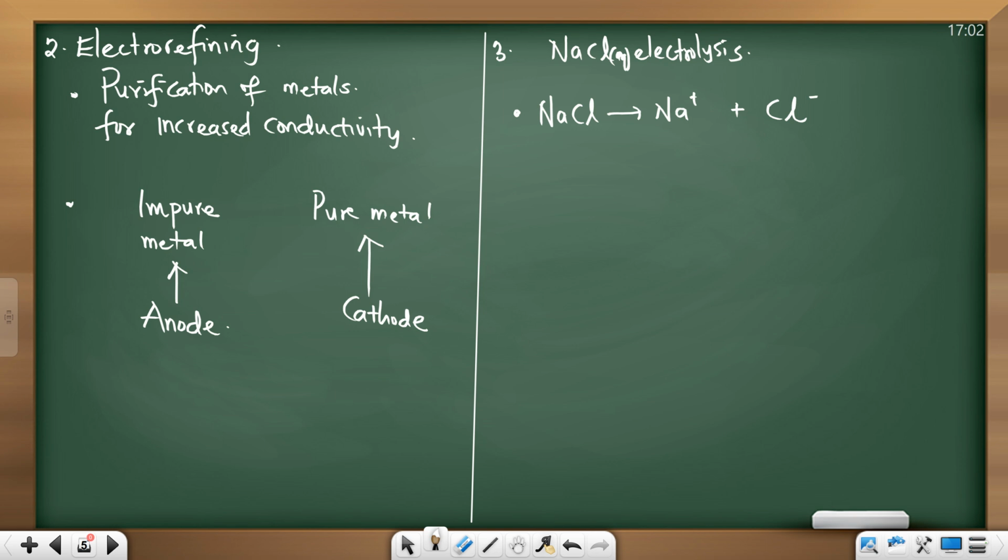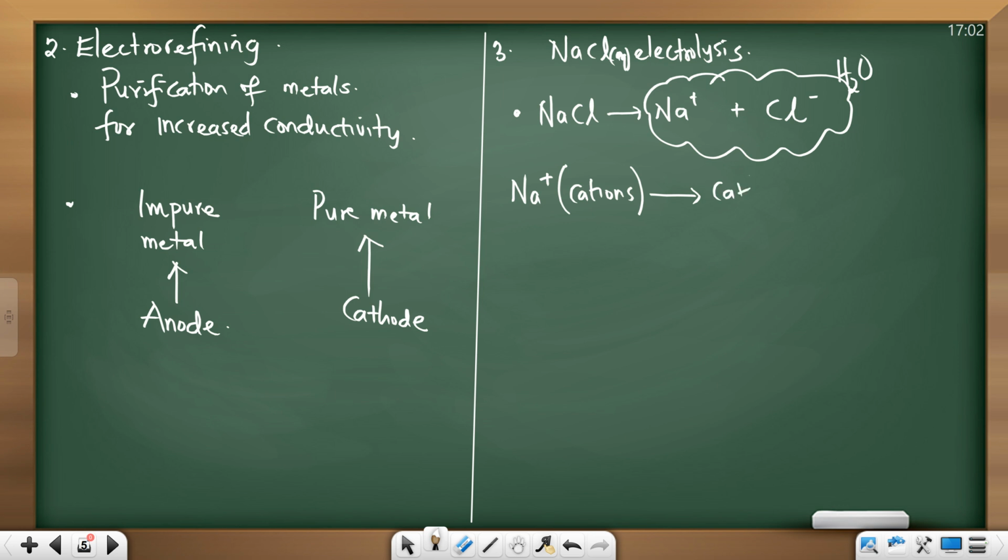But because it's an aqueous solution, it is surrounded by water molecules. What happens? The Na+, which are my cations, will migrate to the cathode, while the chloride ions, which are the anions, will migrate to the anode.